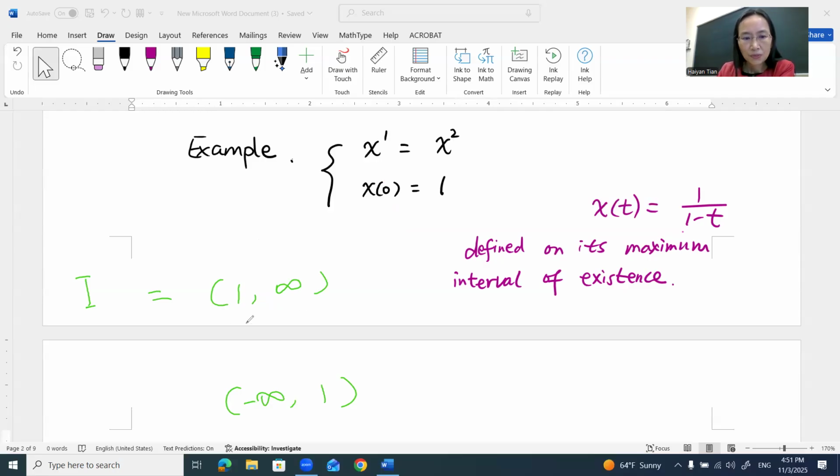But 0 is not in the first one, so it's not an option. So 0 is in the other interval. Therefore, the maximum interval of existence is negative infinity to 1.